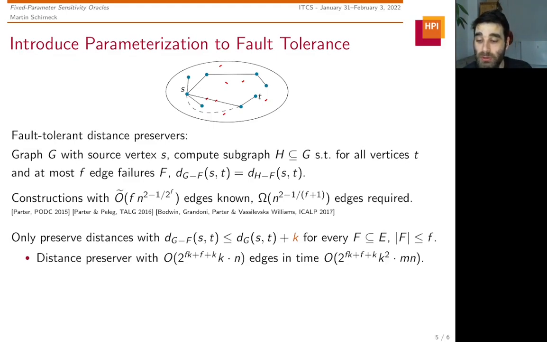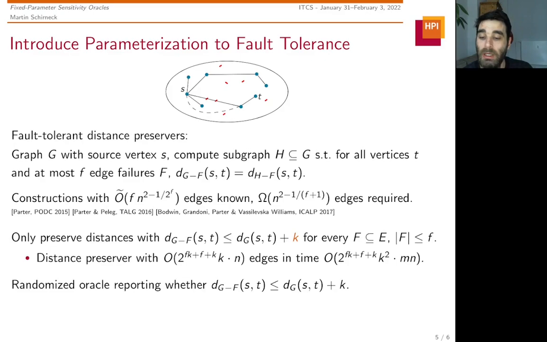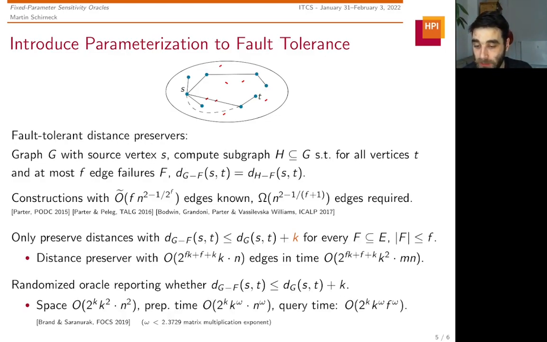And we also give an oracle that tells these two cases apart, so that reports for a given failure set and a given target vertex T, whether the distance is only increased by this additive k. And we get a solution that has space 2 to the k times k squared times n squared in preprocessing that uses fast matrix multiplication.